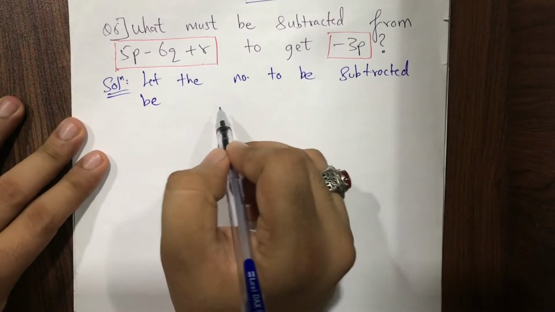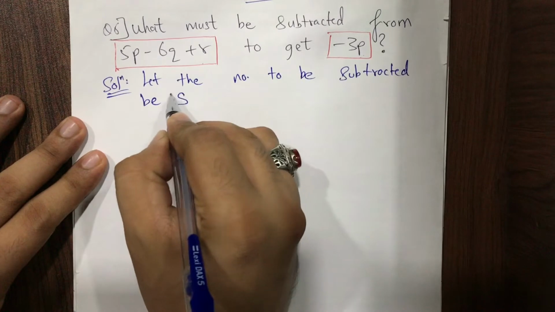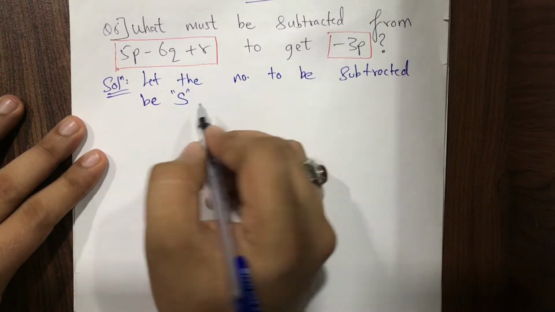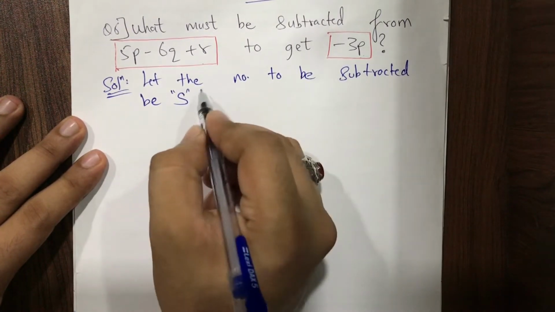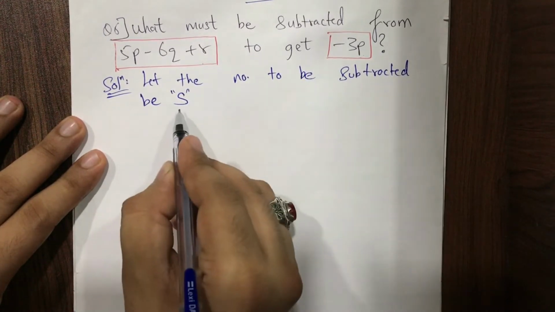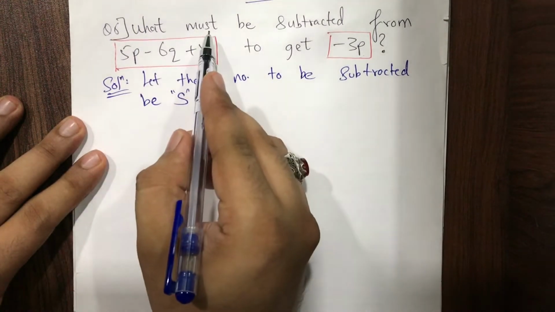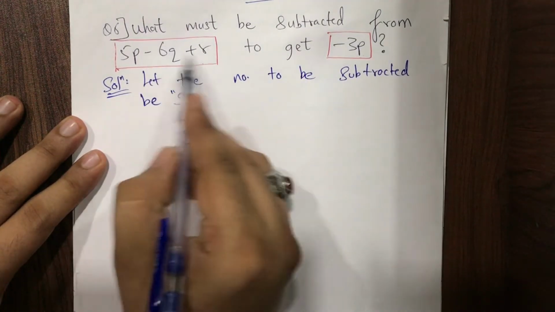So just to avoid that confusion, let the number to be subtracted be capital S. You can write x also, but deliberately I am writing some capital letter. You can write capital X also, capital A, capital V, but because it's a number to be subtracted, I am giving capital S.